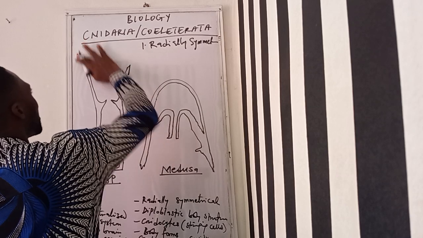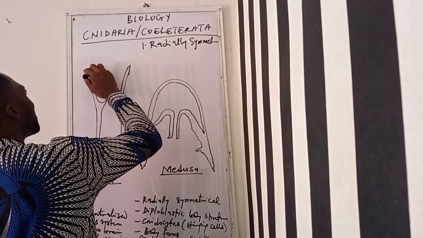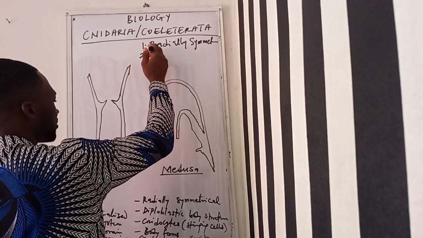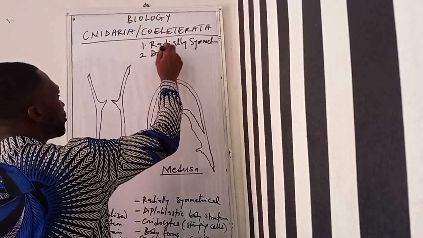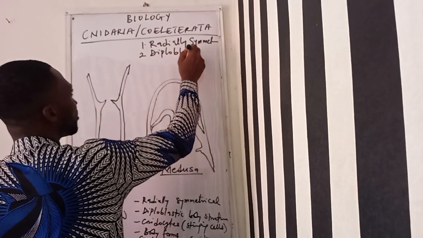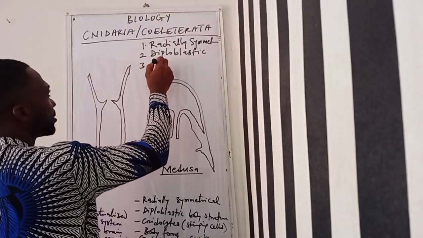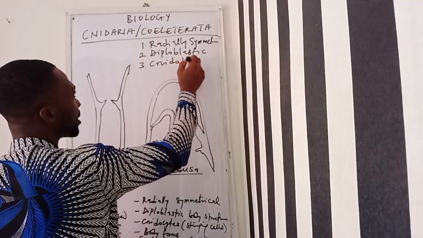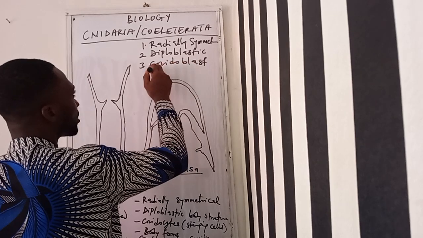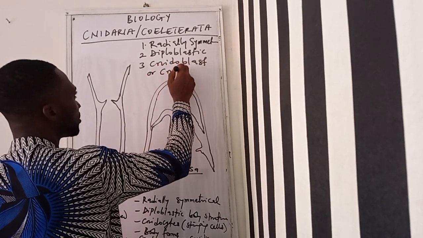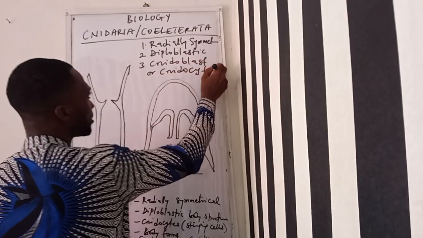Second, diploblastic. Then the third one is the presence of cnidoblasts. The cnidoblast is also called a cnidocyte.